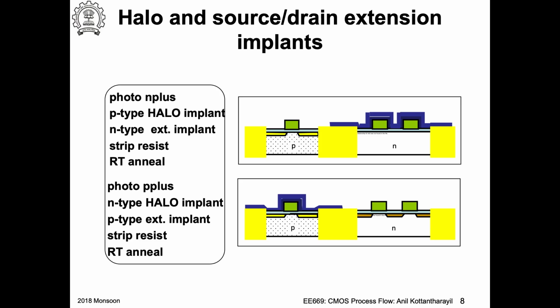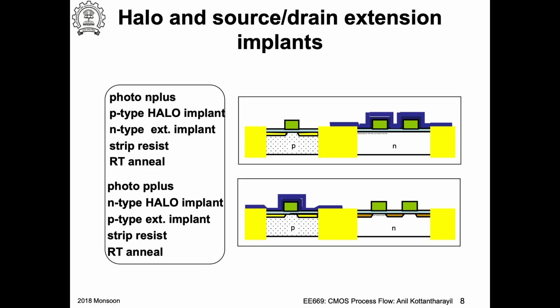So if I put this P plus part first and the N plus part next, then the last anneal will be seen by the first boron implant of the P-channel transistor. You would like to avoid this kind of situation.